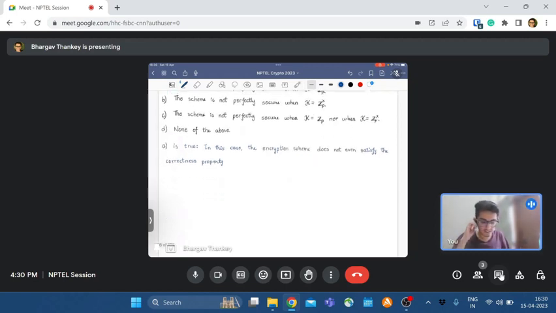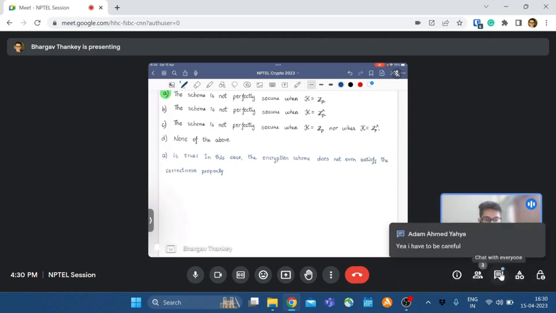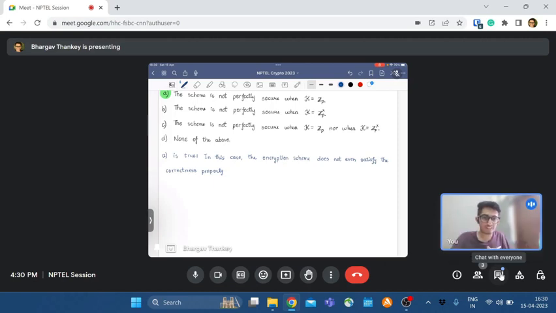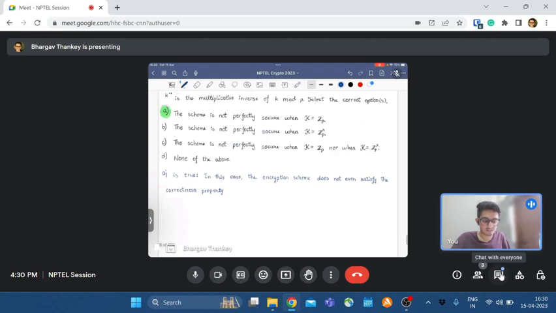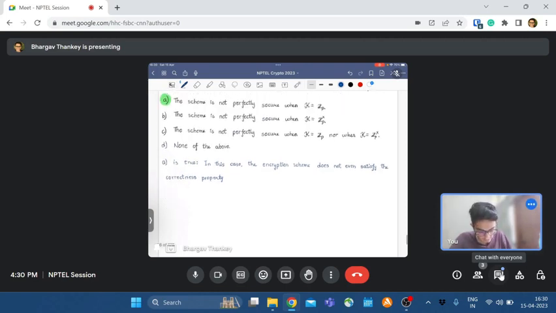In the case when the key space is ZP, I claim that the correctness property is not true. So forget about perfect security. The encryption scheme is not even properly defined. Here's why.